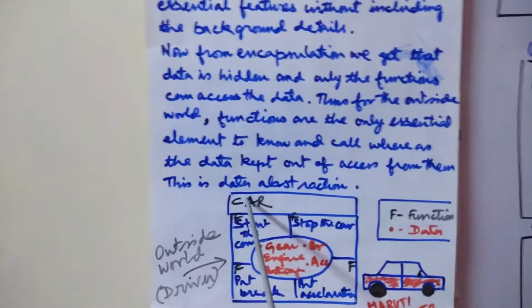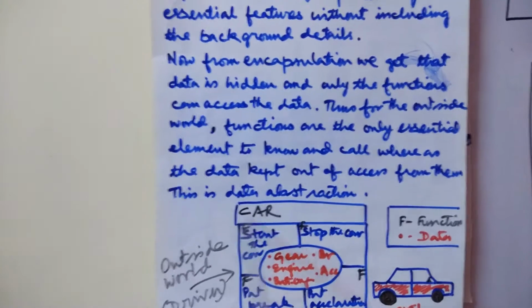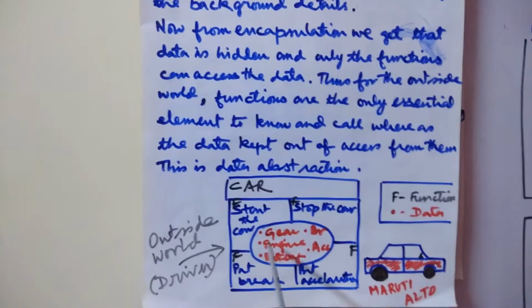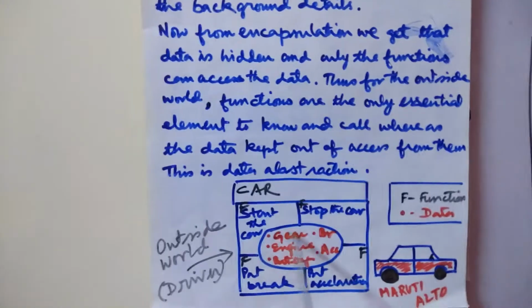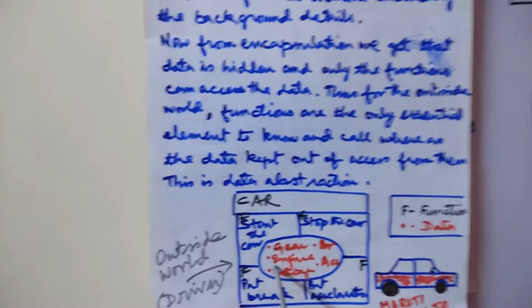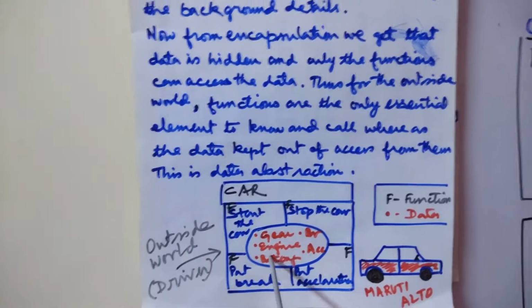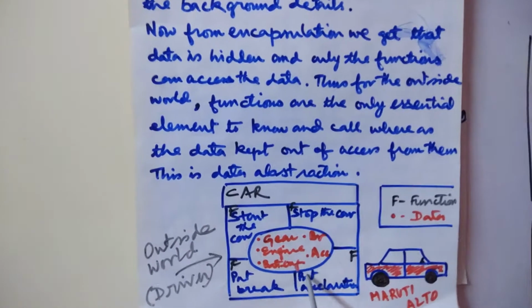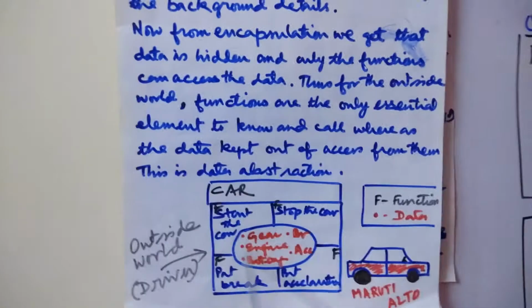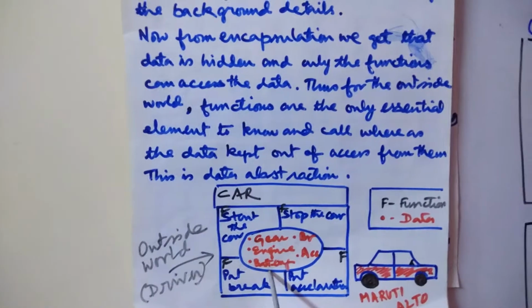If we consider the real world and car as a class, inside the car we have certain mechanisms, like we have gear, engine, battery, brake, accelerator, and all these have their mechanisms also.